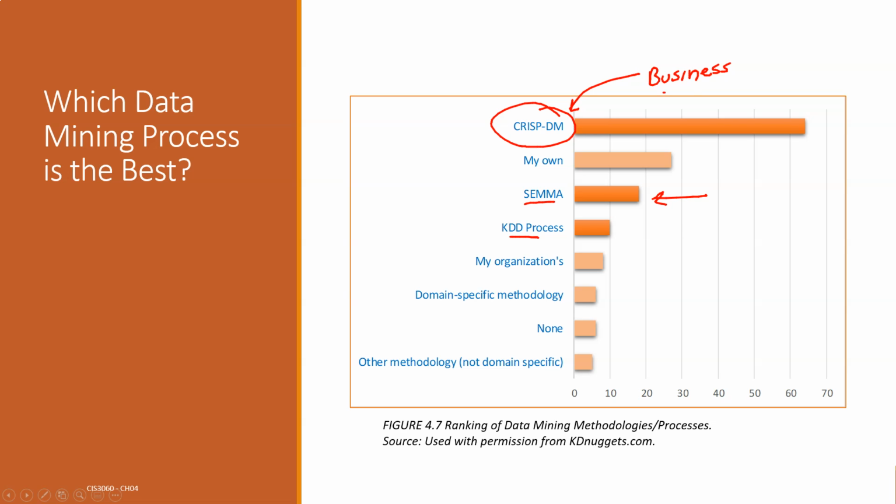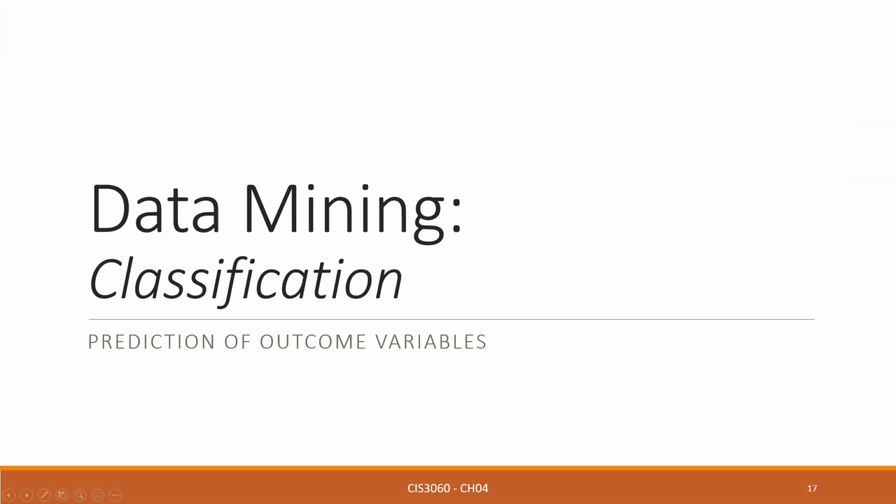It doesn't seem to take into account the business focus as much, but it is quite similar, which we've seen in the previous slides. KDD is a little bit more like old school business intelligence, or BI, and that might explain why it's a little bit lower. But regardless of what the actual causes are, we know that CRISP-DM seems to be the most accepted data mining methodology.